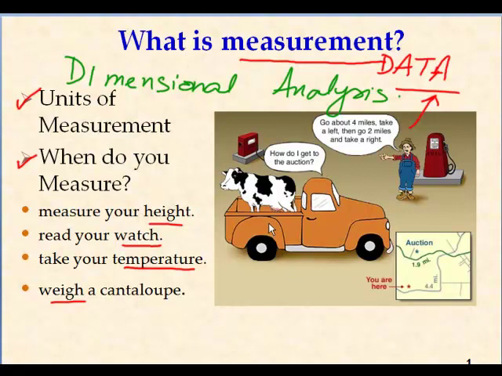Here you can see a little approach that I just picked up online, and you can see that pretty much you use measurement in your everyday life all the time. Whether you're filling up at a gas station or you're driving a distance, you always want to know one detail or the other.